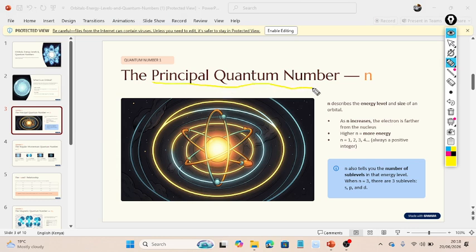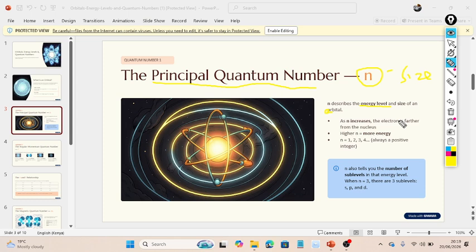This principal quantum number is designated as n, and it describes the energy level, or the size of an orbital. It describes the size of an orbital, and as n increases, the electron is farther from the nucleus.